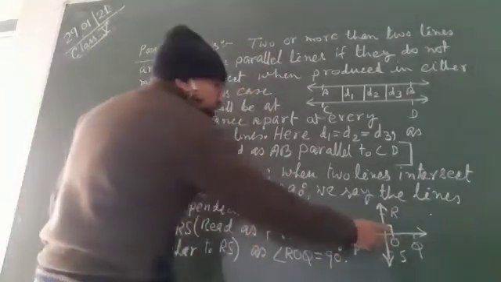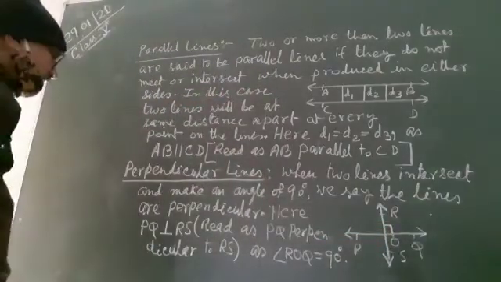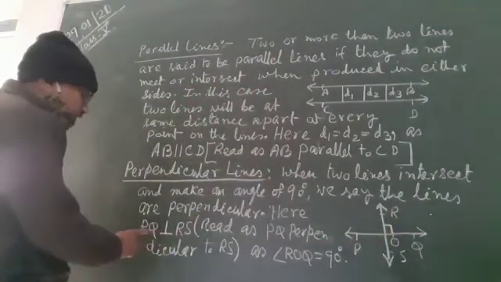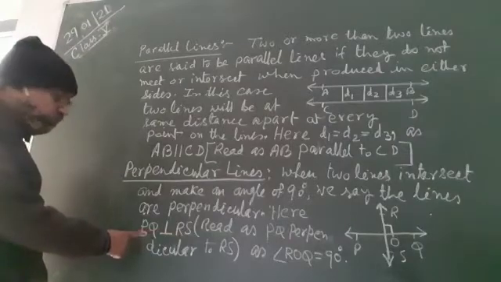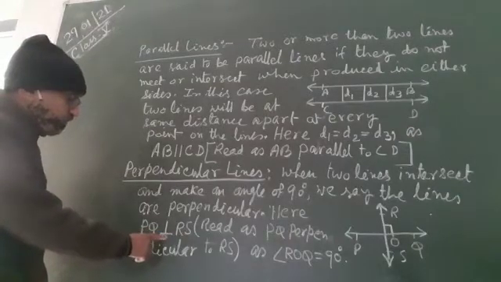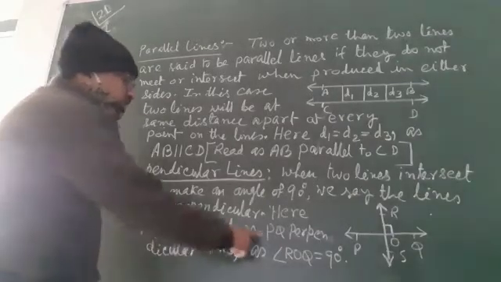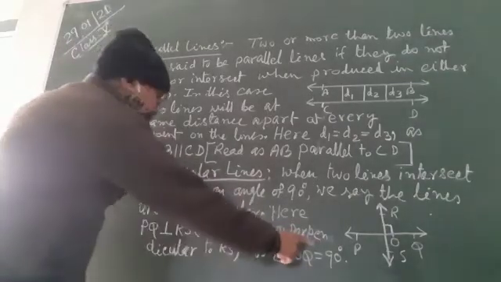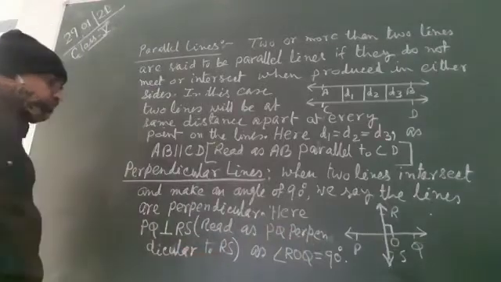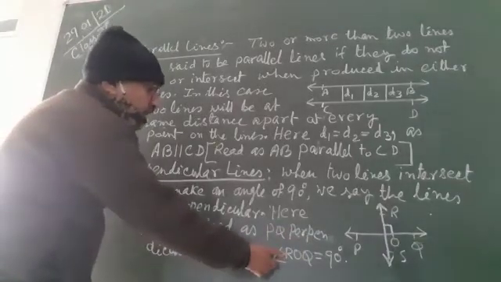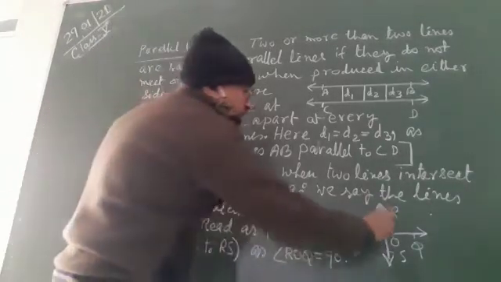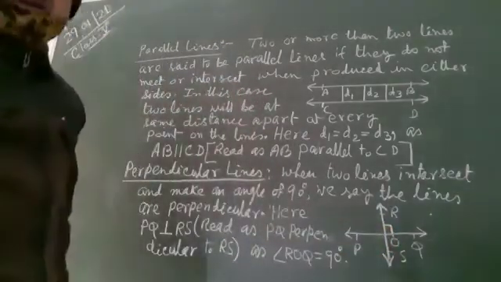This is the symbol of perpendicular, that is 90 degrees. Now we write this as PQ perpendicular to RS, and the angle ROQ equals 90 degrees.